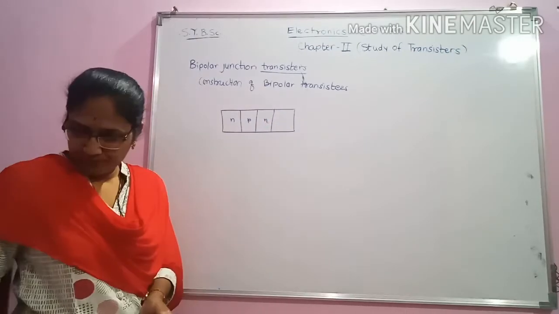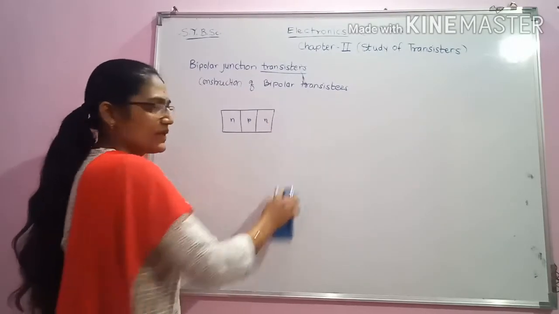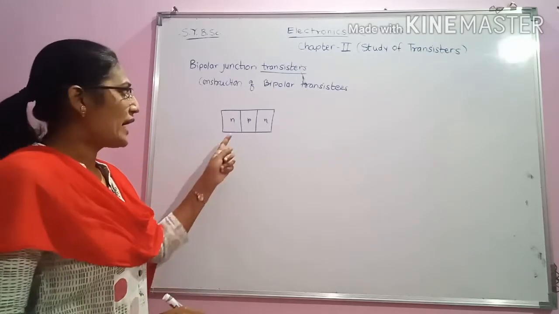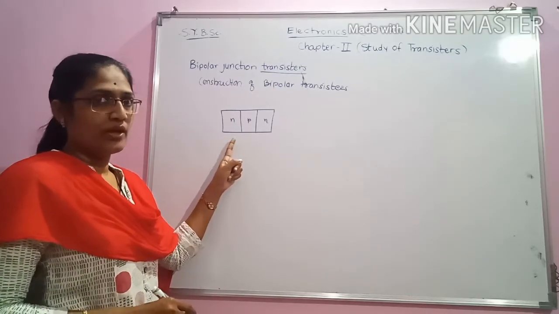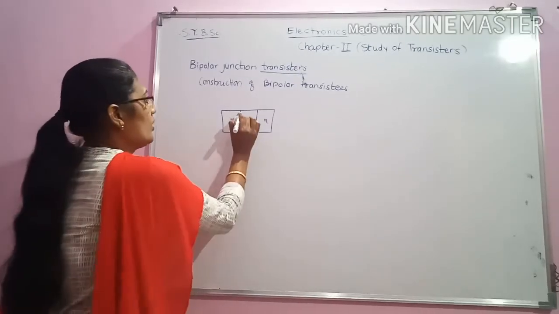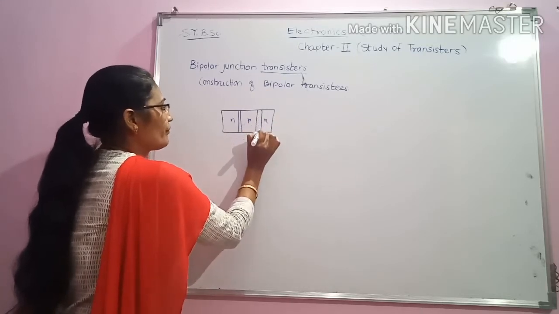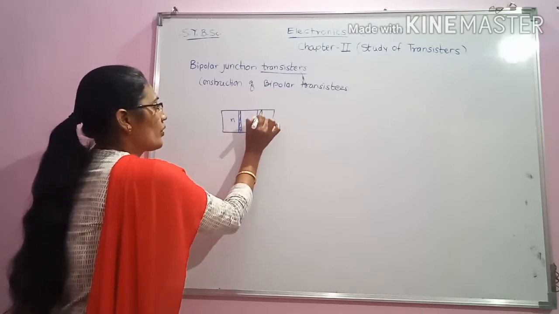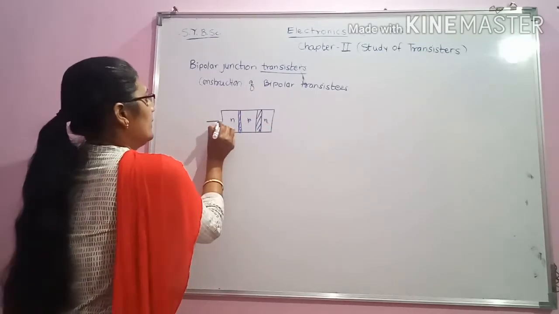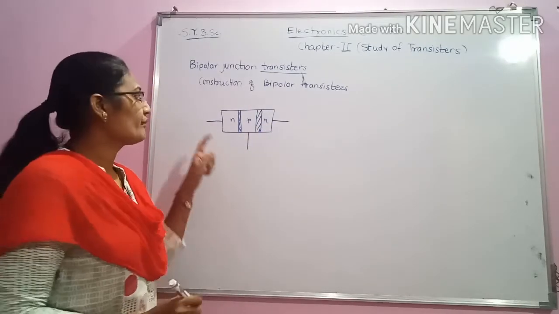It means that it consists of two n-type materials, and a p-type material is sandwiched in between, as shown in the figure. Therefore, two junctions are formed. Here one junction is formed and here another junction is formed. Like that, there is formation of two junctions, and it will have three connections like this.